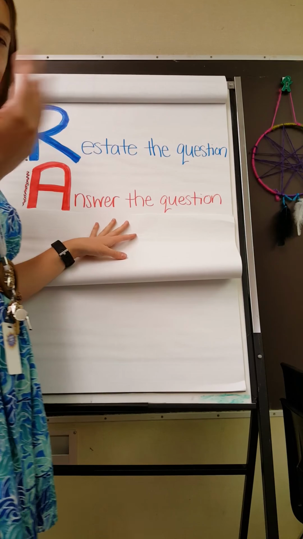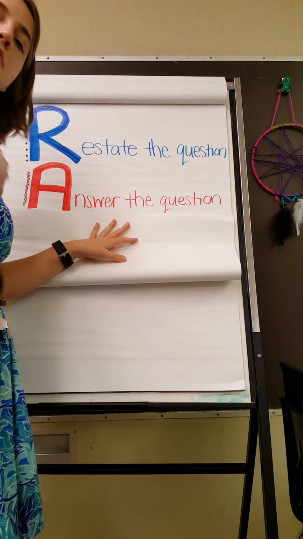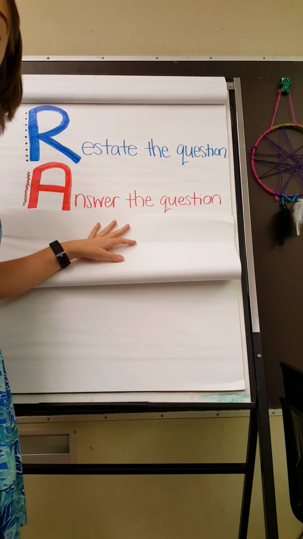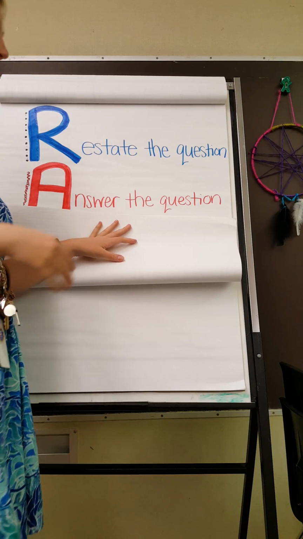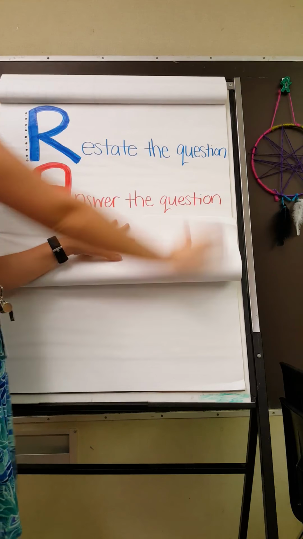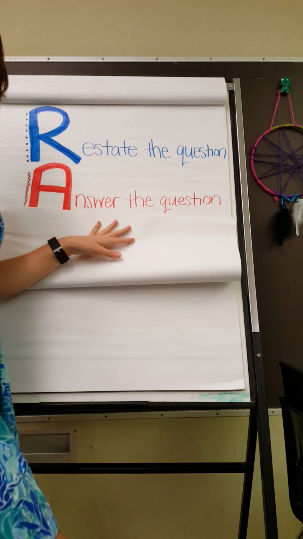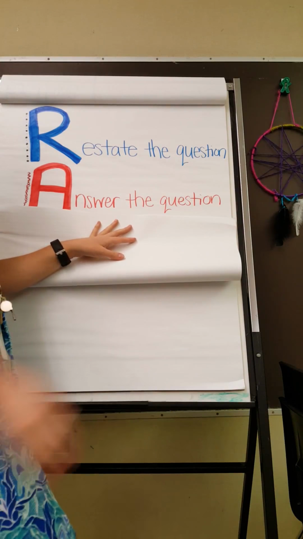But what if Miss Rivera or another person came in the room and just heard 4? They wouldn't know what the question was. So you have to always restate that question so that the audience always knows what you're talking about.